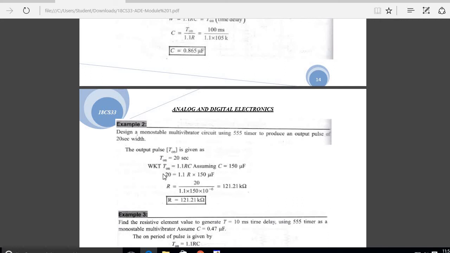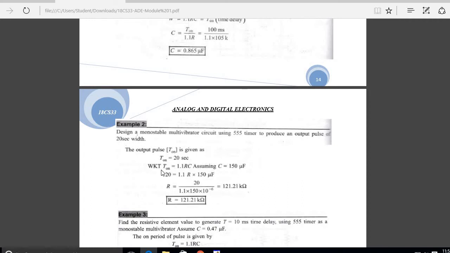So what is being asked and what do we calculate? First you should write the formula: T on is equal to 1.1 Ra into C. Here the output pulse width of 20 second is nothing but the time delay, so T on is given as 20 seconds. I need to calculate the resistor value, which he has not given.